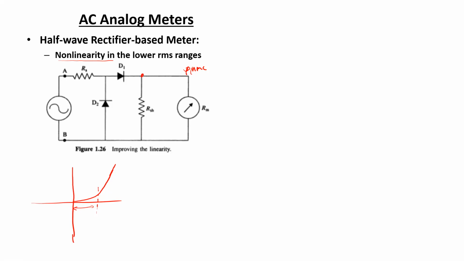So if this shunt resistance is added, and let's say in a scenario where RSH is equal to the internal resistance of the PMMC coil, then the current through D1 would actually double.